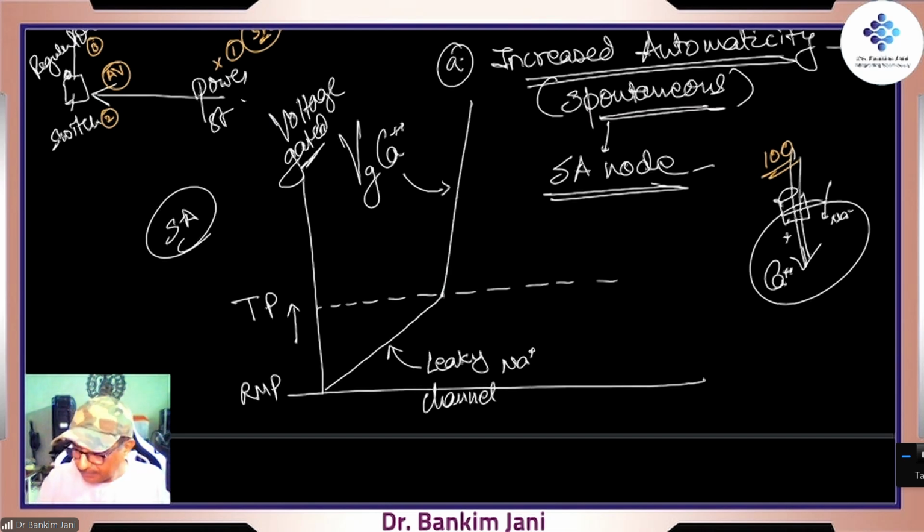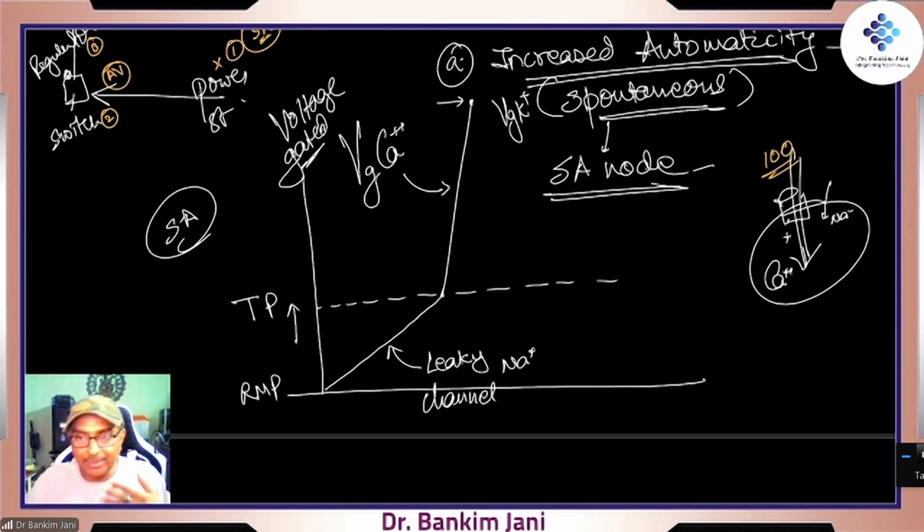Coming back to this, at one point, again this is a number, the voltage gated calcium channels say, okay, my work is over. And at that point the voltage gated potassium channels open.